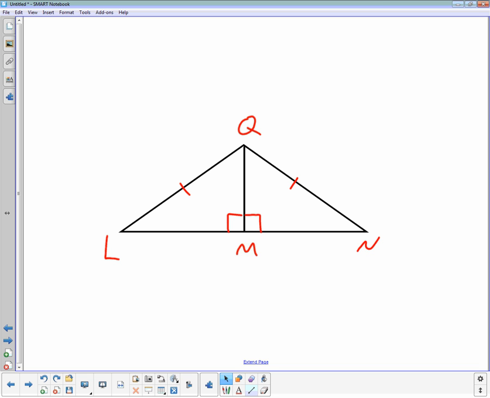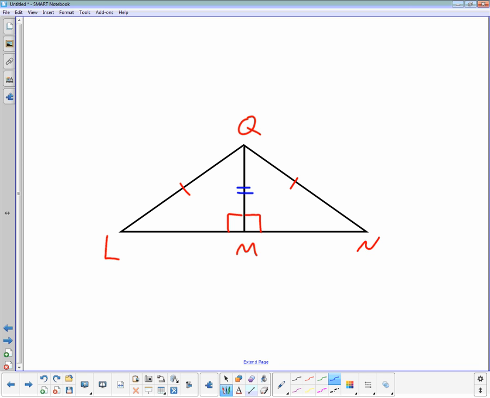And we know that those two right angles are congruent to each other because all right angles are congruent. The shared side, what do we call the name of that property when that happens? The reflexive property.